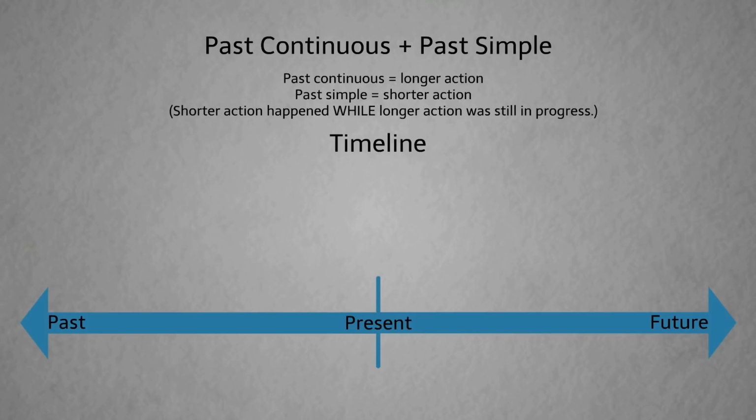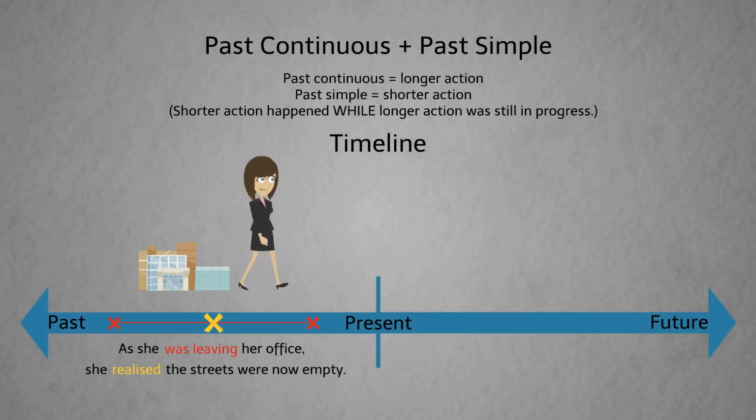For example, as she was leaving her office, she realized the streets were now empty. In this sentence, Alyssa leaving her office is the longer action, and her realizing that the streets were now empty is the shorter action. So Alyssa was leaving her office, and during this time she noticed that the streets were now empty, but she didn't stop leaving the office when she noticed this.